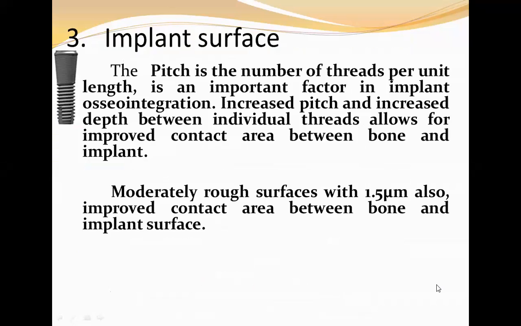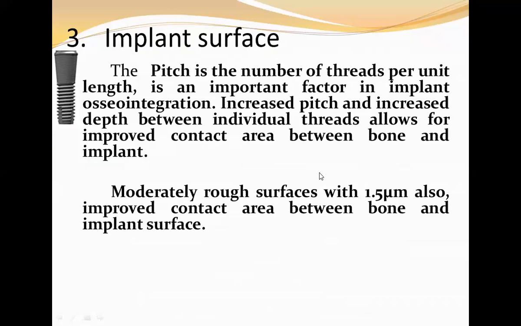Then the next factor is your implant surface. These threads, the distance between them is called pitch. The threads per length area, meaning the distance between two threads and the depth of the threads, is called the pitch of your threads.